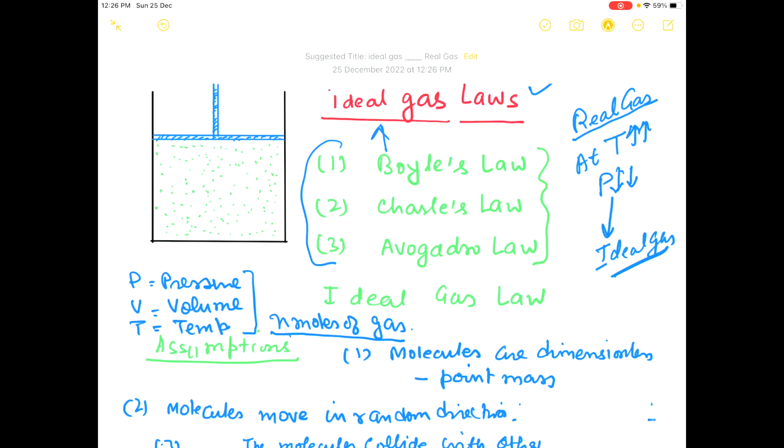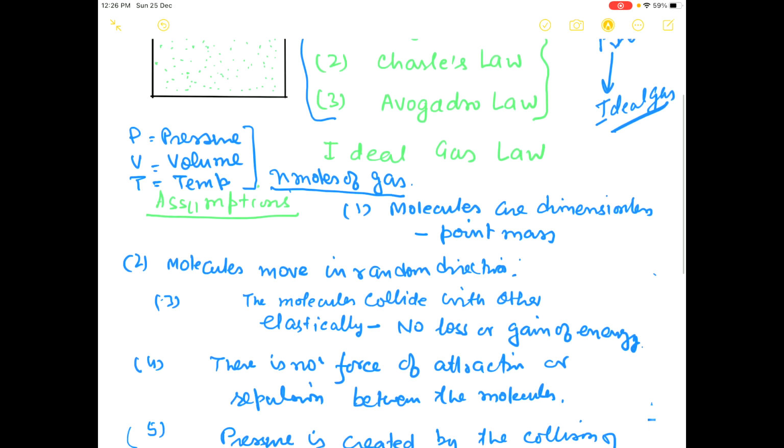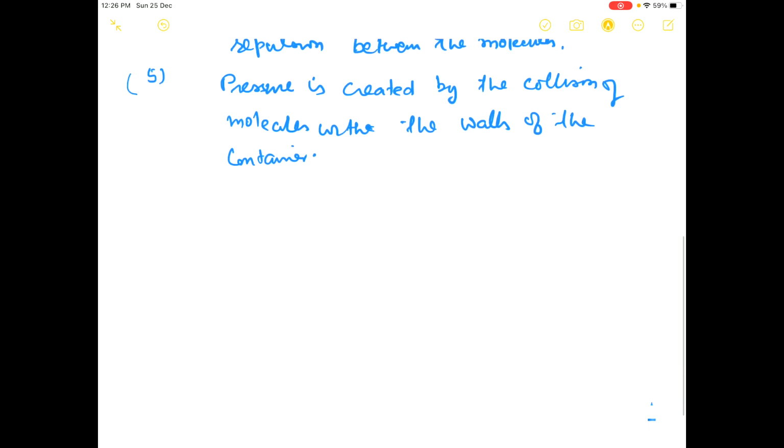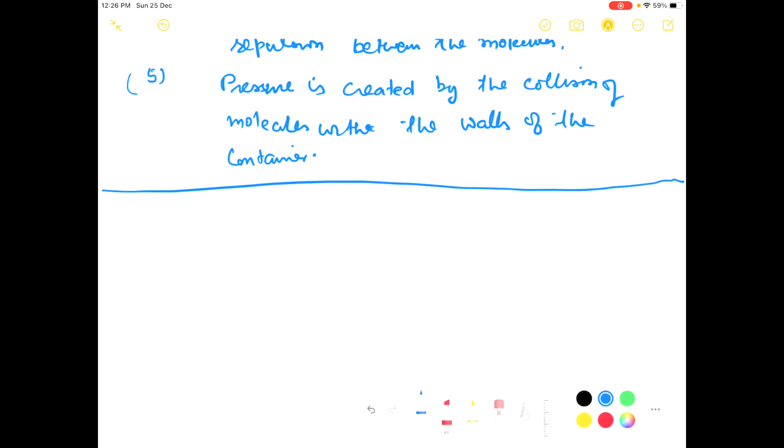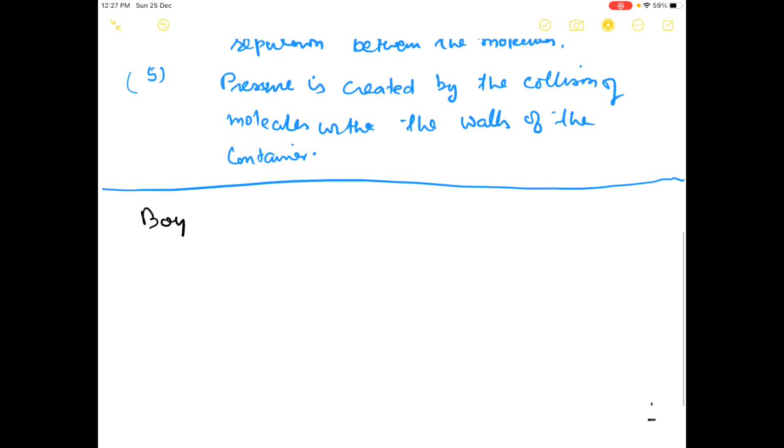So now we take the laws one by one. First we take Boyle's law. See, there are four parameters: volume, pressure, temperature, and number of moles.